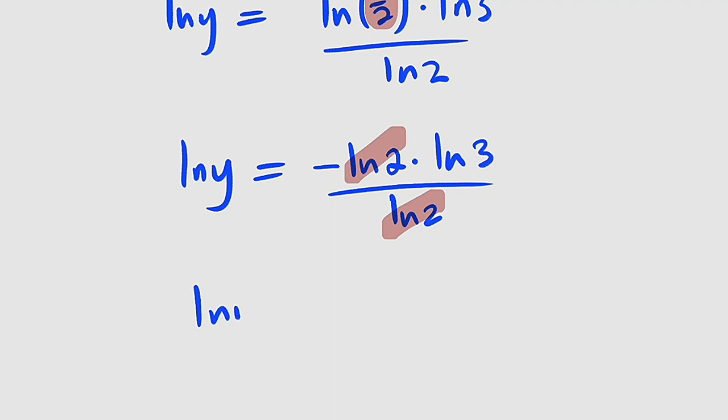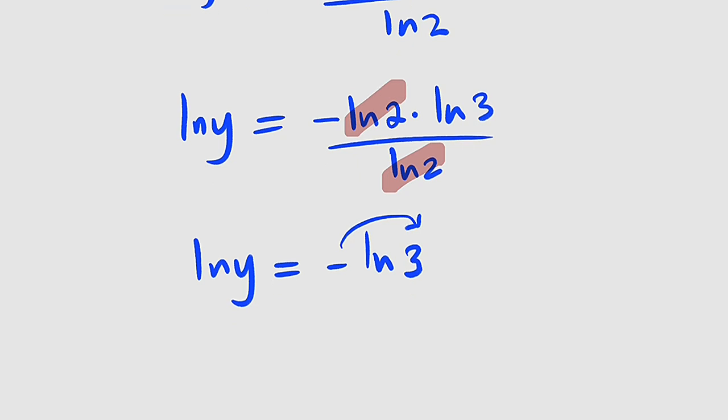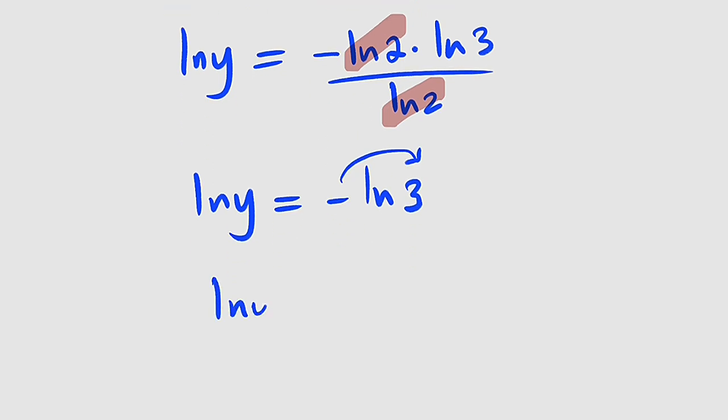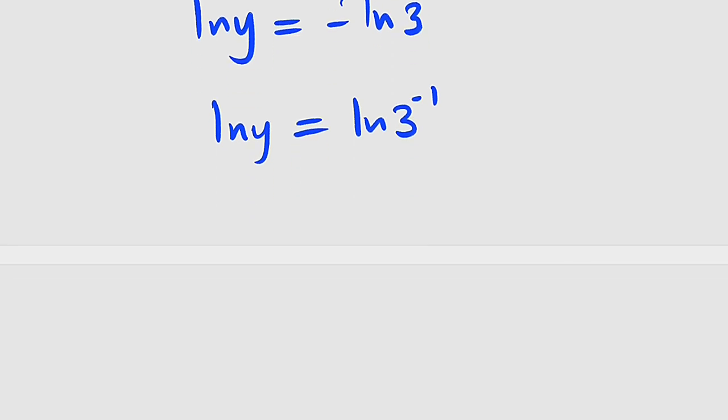We have ln y equal to negative ln 3. And this negative can serve as a power of 3. So we have ln y equal to ln of 3 raised to the power of negative 1. The ln's will cancel. Therefore, y is equal to what? 3 raised to the power of negative 1, which is the same thing as 1 divided by 3, right?